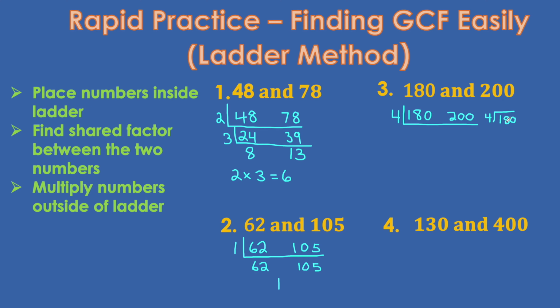4 goes into 18 4 times. 4 times 4 is 16. Make sure you put the subtraction sign. 8 minus 6 is 2. Bring down the 0. 20 divided by 4 is 5. 5 times 4 is 20.